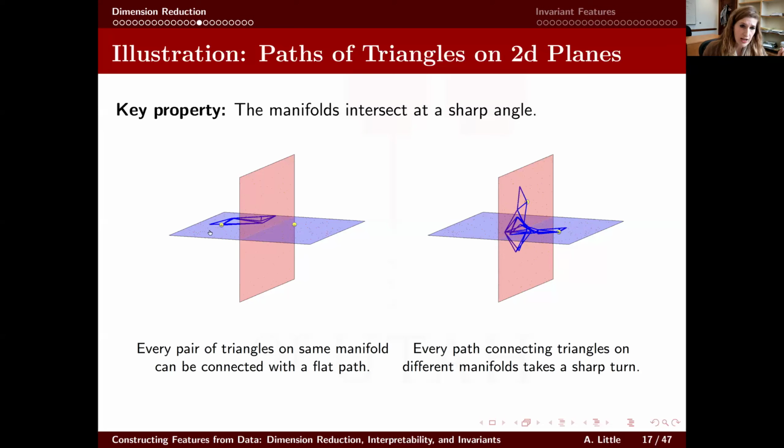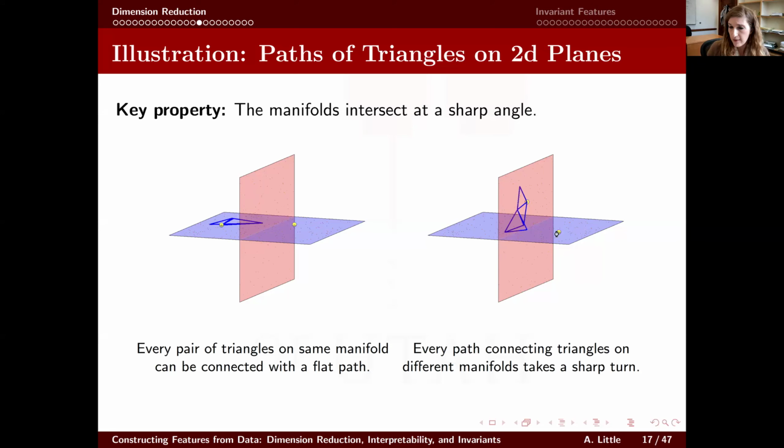Let's say these planes are two-dimensional and you consider paths of triangles constructed from your data points. Well, if you have any two data points on the blue manifold, you can always find a flat path of triangles connecting them where there's no sharp angle changes along the way.